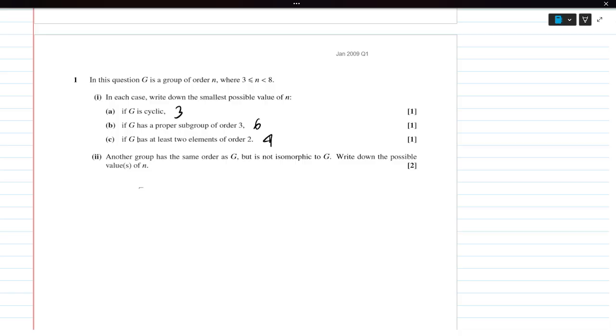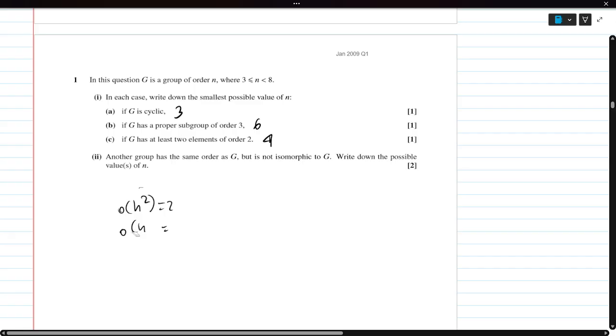A cyclic group has 2 elements of order 2, I'm pretty sure, because if h is the generator, h^2 has order 2. But h^3 is a generator, h is a generator, so it's not 4.